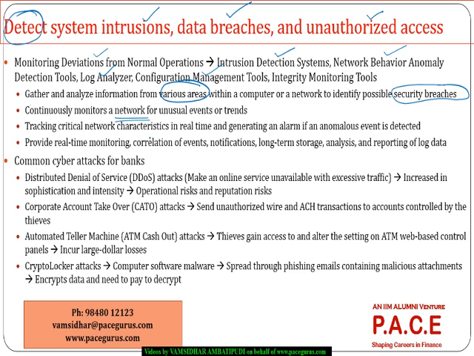They look at the network characteristics in real time. If any anomalous event is identified, then an alarm is generated. So there is real-time monitoring, notification, and reporting of the log data, which will really help us identify at the right time if any kind of breach has occurred on our system. Some of the common cyber attacks that happen with the banks: denial of service, right?